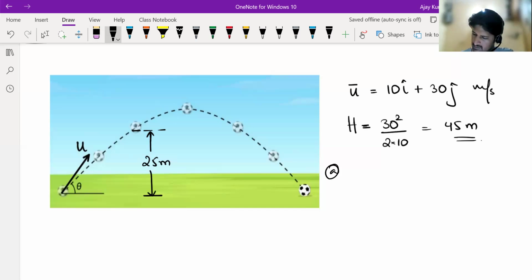Same things. Calculate speed. Okay, calculate velocity. Once you know velocity vector, calculating speed is not a big deal. You can do it. Then calculate the angle it makes with the horizontal. And time it takes to get there is easy only. Okay, do these two parts.